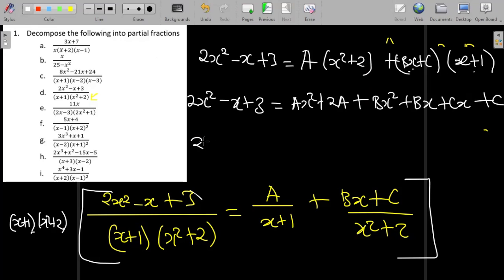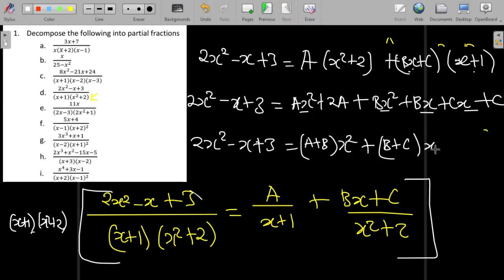Okay, so now let's group what we have on the right-hand side. This one with this one, so it will be a plus b, and then ax squared. This one with this one to be b plus c, x, and then the ones without any x to be 2a plus c.